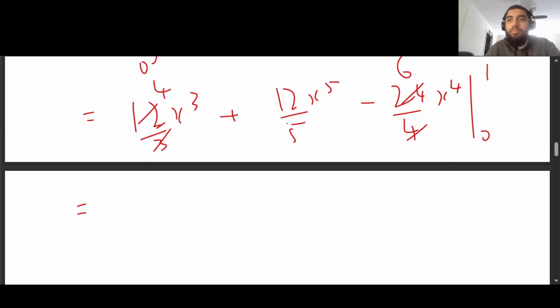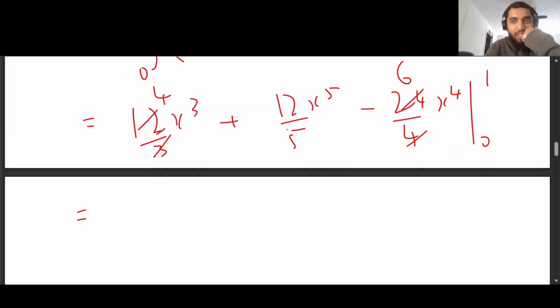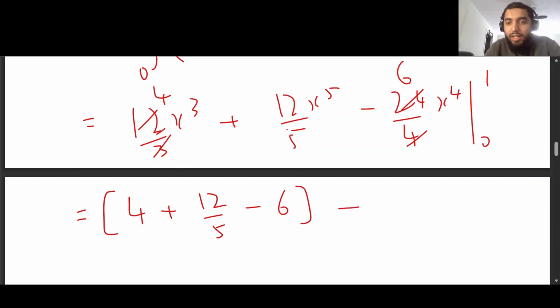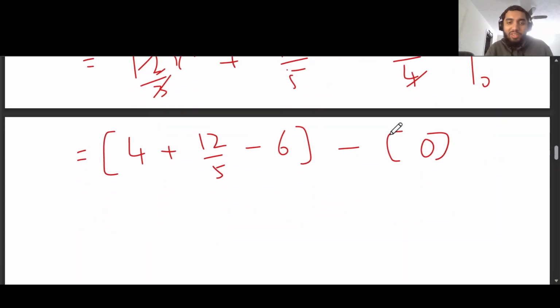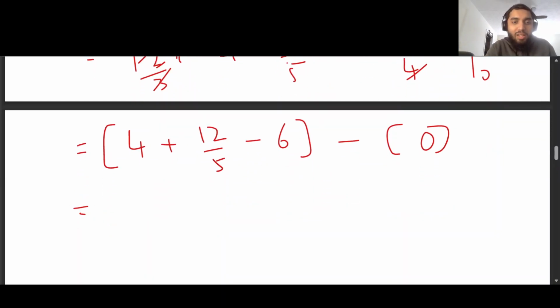Now putting the limits in, we first plug in the 1 for x, so it's going to be 4 plus 12 over 5 minus 6, and then minus, we plug in the 0, and that's just going to be 0 because if you plug in 0 for the x's, the whole thing is just going to be 0.